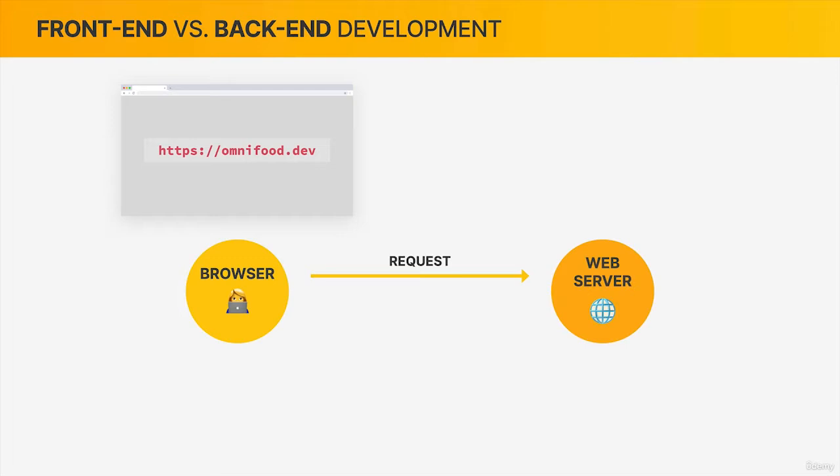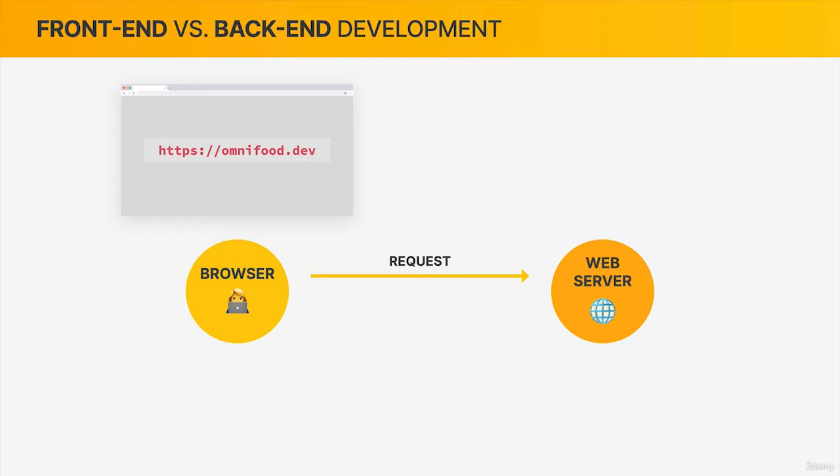But anyway, let's say that we're trying to access a web page in our browser at SPICY. And by the way, this is actually the website that we're going to develop throughout this course. Now, what happens as we try to access this page is that our browser will send a request to the server where this page is hosted on the internet.